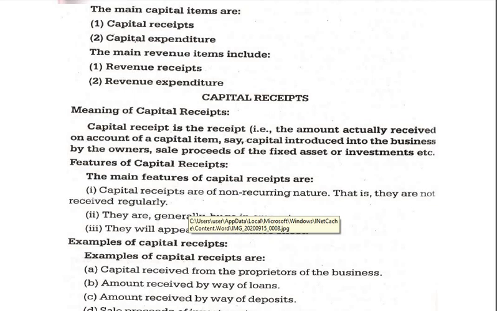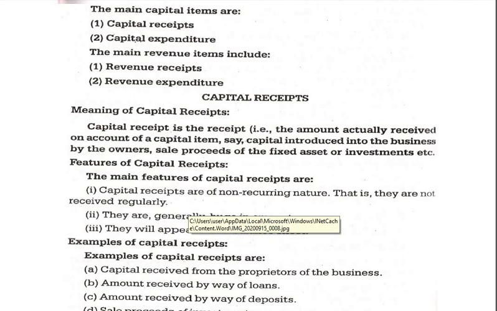Example, capital introduced into the business by the owners, sale proceeds of fixed assets or investments, etc. Even the amount received in the form of loans or fixed deposits. So these are items of capital nature. These are called capital receipts.